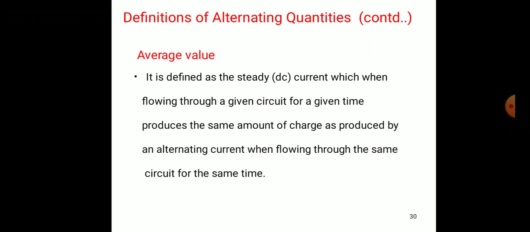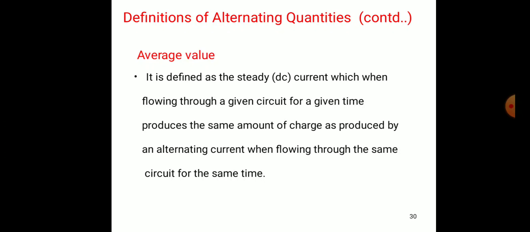It is defined as the steady current which, when flowing through a given circuit for a given time, produces the same amount of charge as produced by an alternating current when flowing through the same circuit for the same time. That is called the average value.